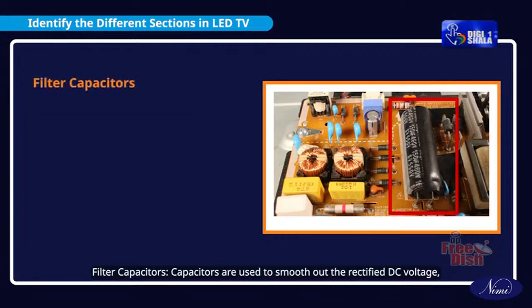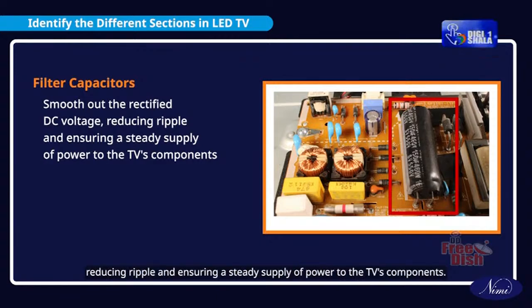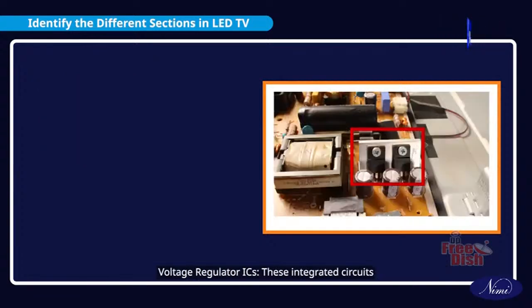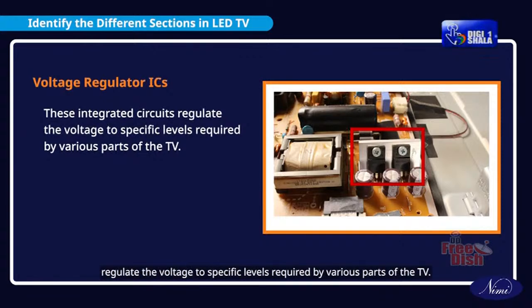Filter capacitors. Capacitors are used to smooth out the rectified DC voltage, reducing ripple and ensuring a steady supply of power to the TV's components. Voltage regulator ICs. These integrated circuits regulate the voltage to specific levels required by various parts of the TV. Inductors.